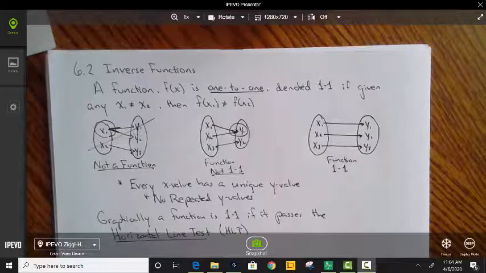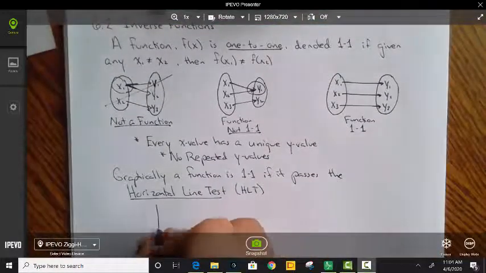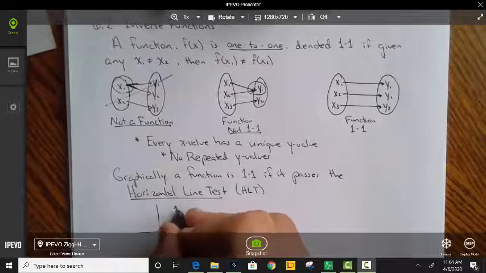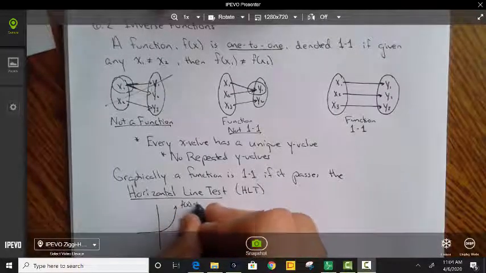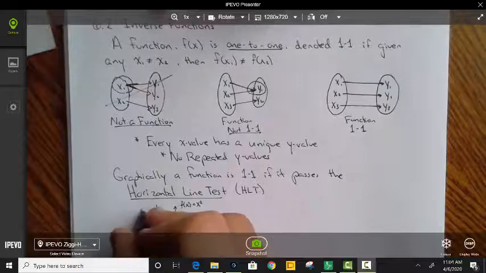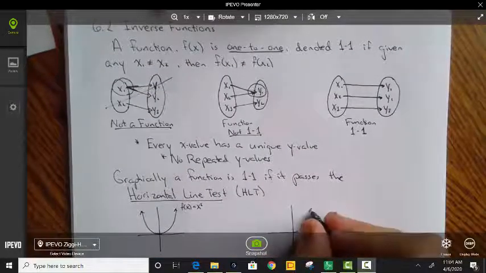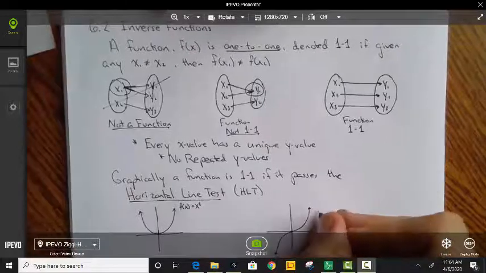For that, I'm going to sketch a graph of two functions. The first function I'm going to graph is f of x equals x squared. And then the second one I'm going to graph is f of x equals x to the third.